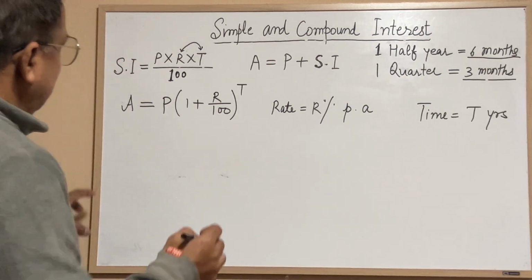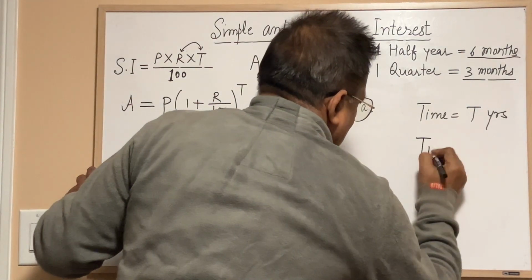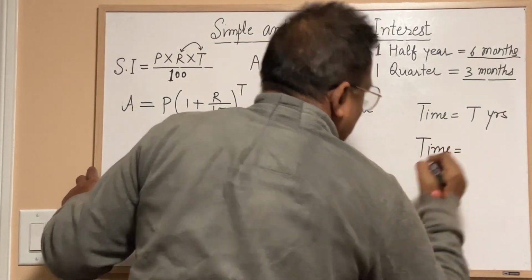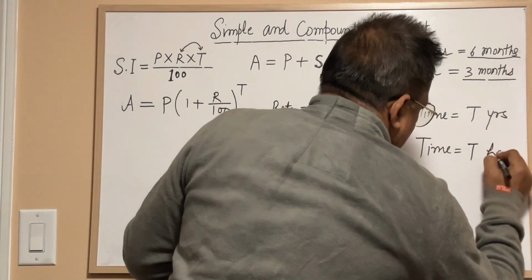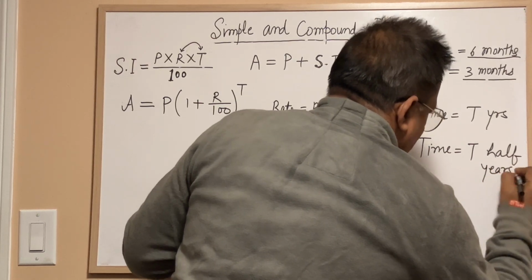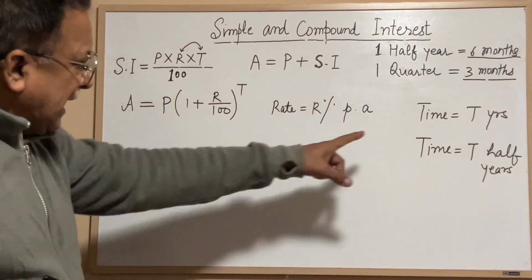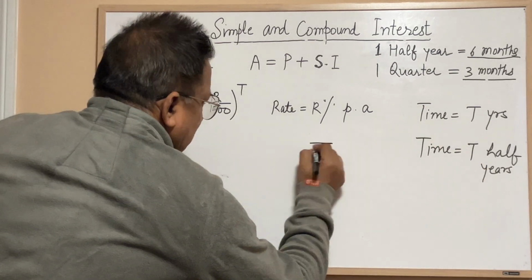If we have to calculate time in half years, that is T half years. Be careful, time is T half years. Rate as it is.